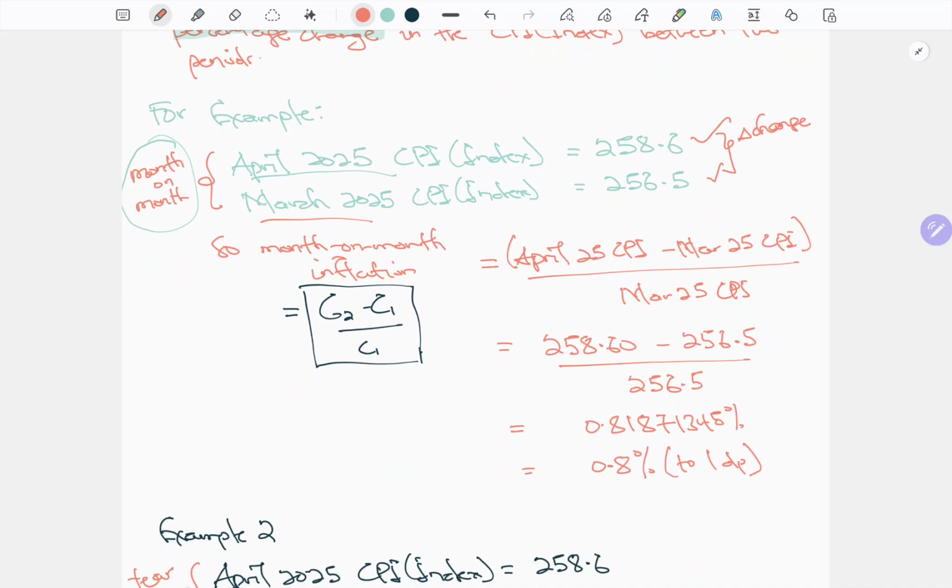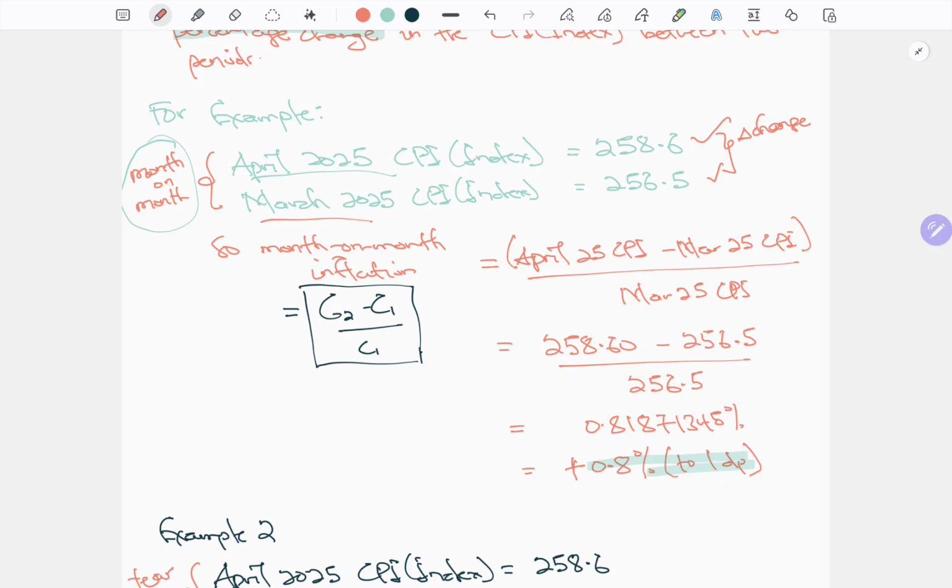So what we simply do is to find the difference between April and March over the March. It's just like you finding percentage change. Now you work out the math, and the result you have is 0.8%. If you want to be very specific, you can put a plus here to bring out the point that it is actually a rise in inflation, right?